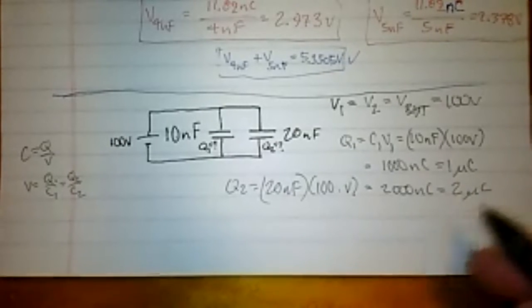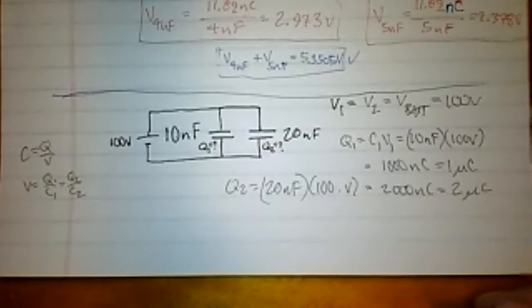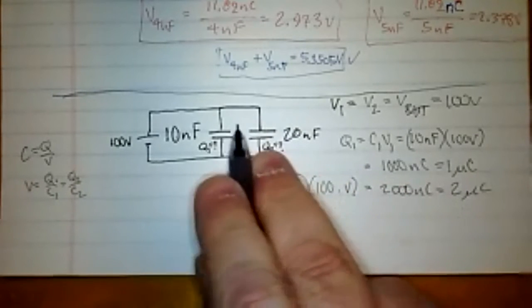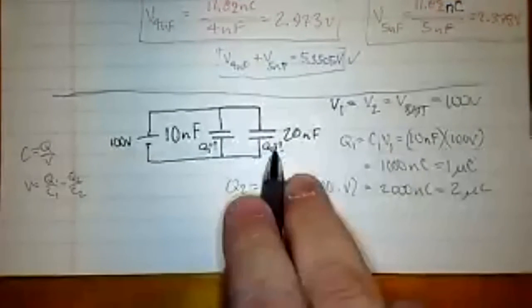So we can now remember that when capacitors are in parallel, the largest capacitance leg will get the majority of the charge. That's the same thing that happens with the current for a resistor, except it's reversed. When we do resistors in parallel, the lowest resistance is going to get the largest current.